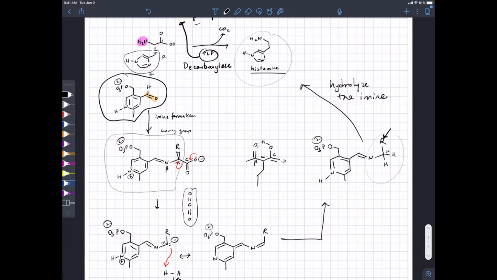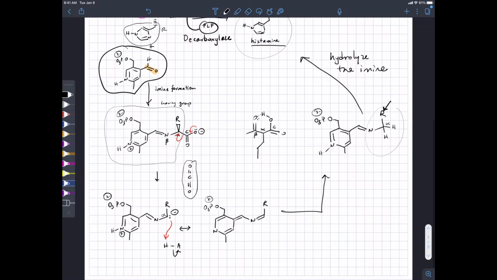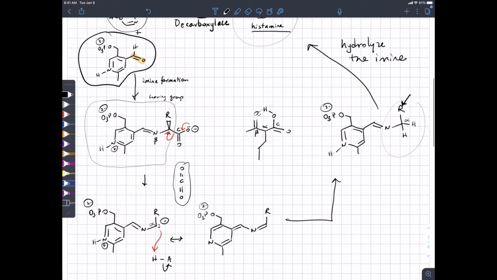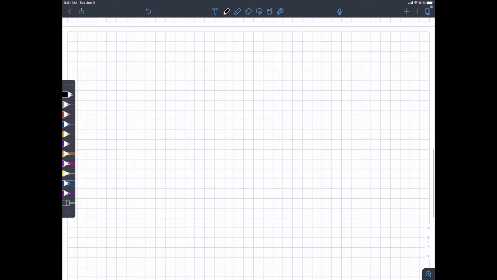Okay, cool. So there's one last reaction from chapter 17 that we're going to talk about. It's not hugely important, though it is useful from a synthesis point of view. We're not going to spend a huge amount of time on the mechanism. The reaction is called alpha halogenation of carbonyl compounds.